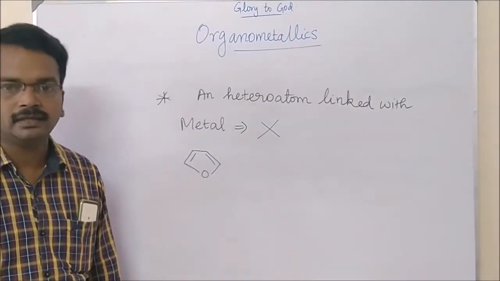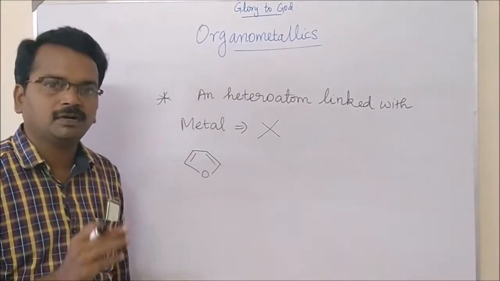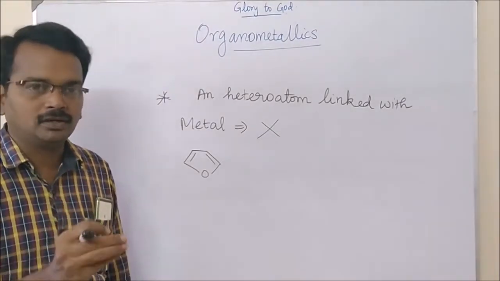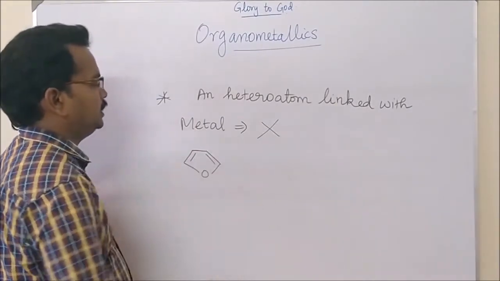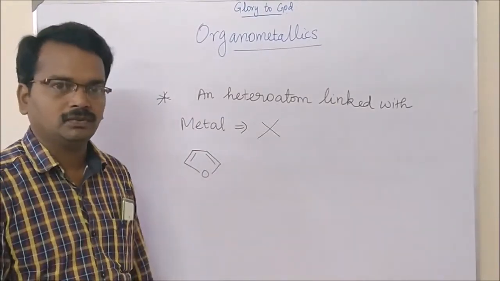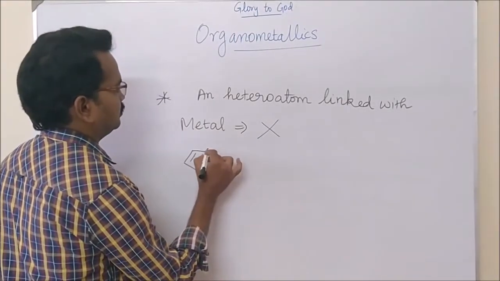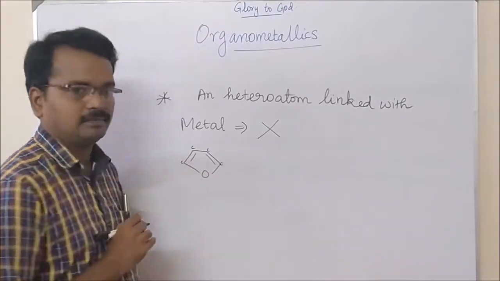Then let us come to the second criterion: which type of compound cannot be considered organometallic. First, take the example of a heterocyclic compound having 4 carbon atoms and 1 oxygen atom.